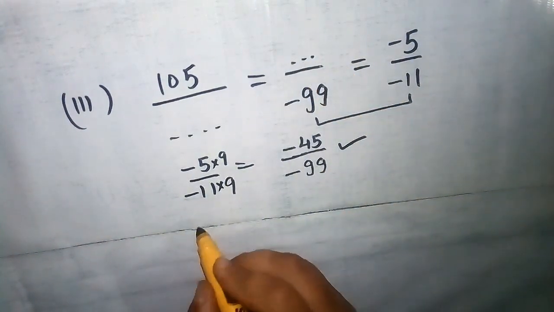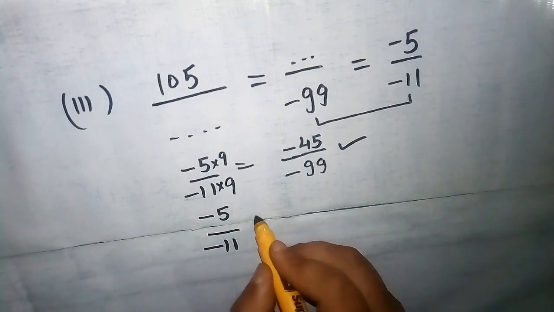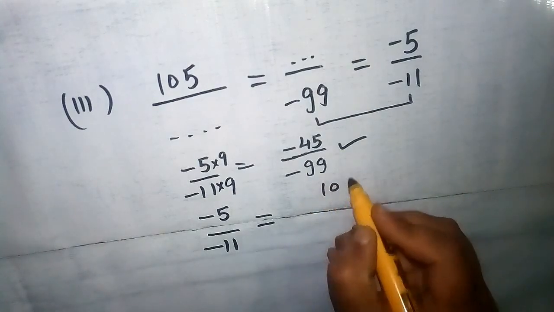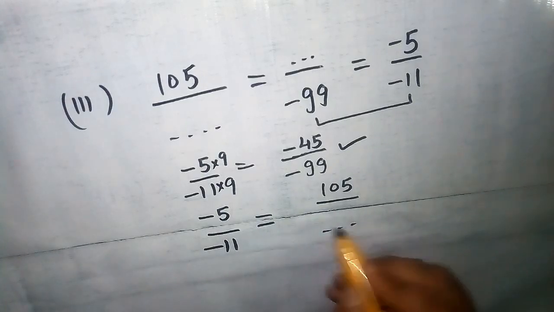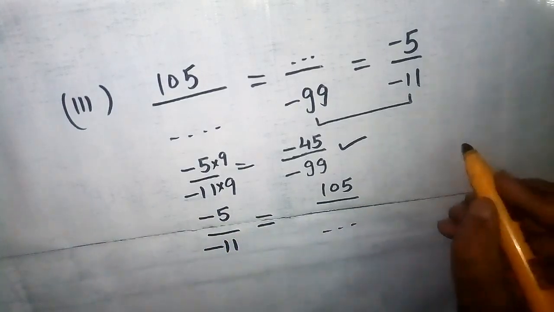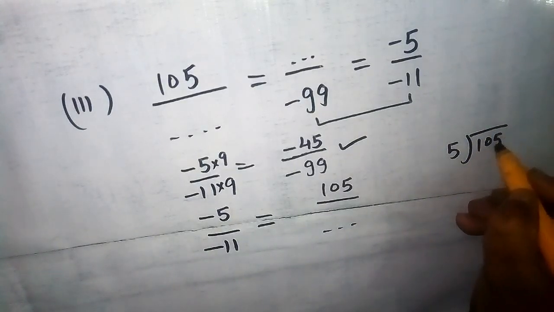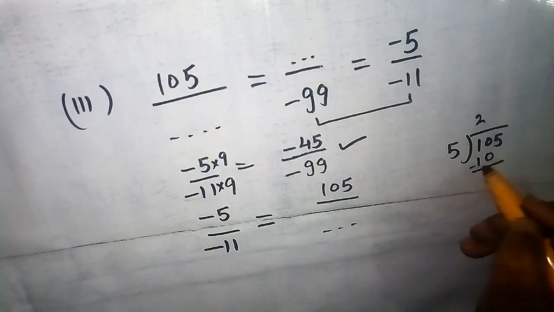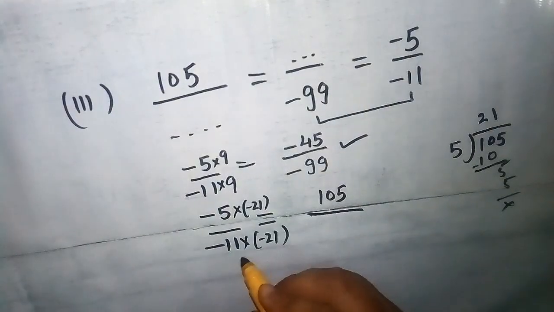And the same we will do for the second part. Write minus 5 upon minus 11 first of all, because here numerator and denominator are given, and then 105 upon blank, the denominator we have to find. So again, to find out the denominator, first of all divide both the numerators. 5 twos are 10, remainder is 0, put down 5, 5 ones are 5, remainder is 0.